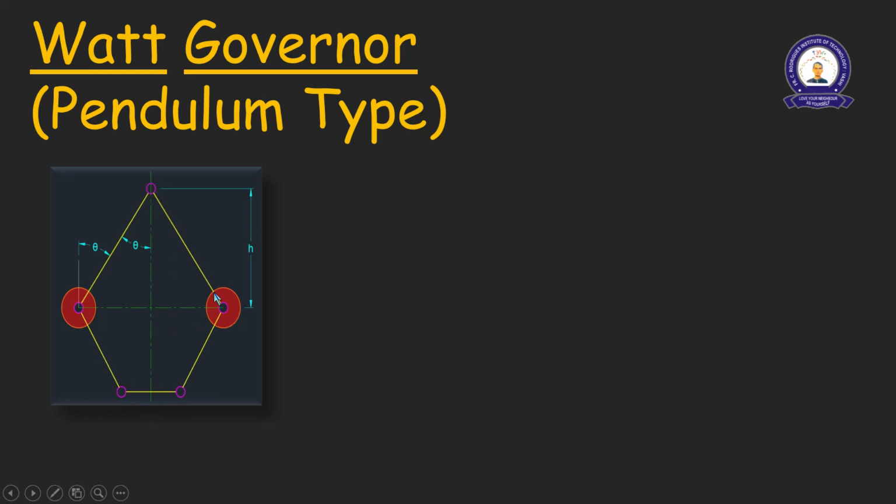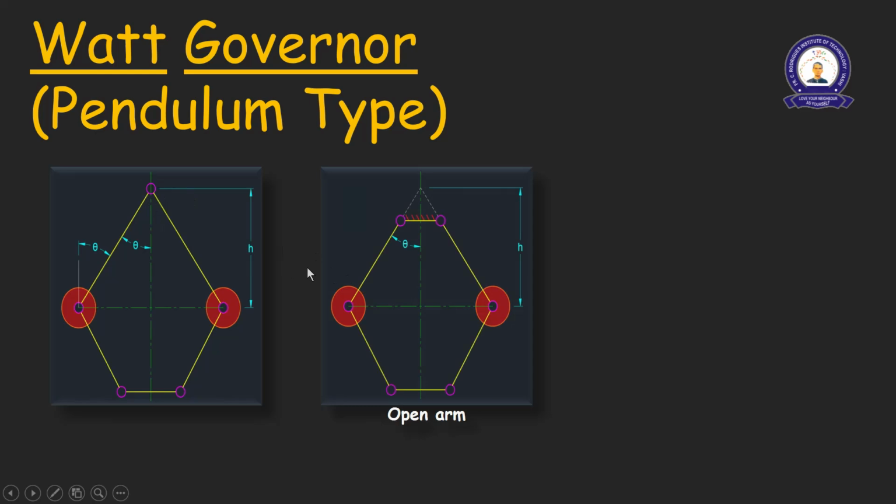Now, for the connection of this pendular arm to the spindle, there are three possible types of connections. One is this: the pendular arms are pivoted on the spindle axis itself. Another combination is that a link is attached to the spindle and the arms are attached to this.